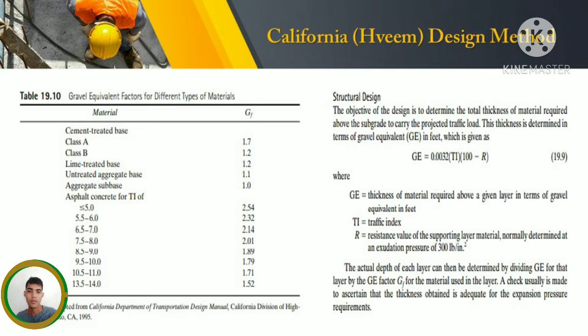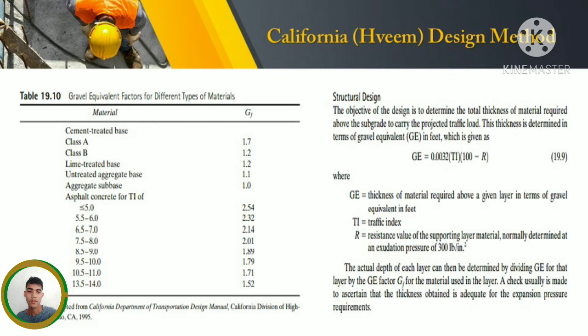GE is the thickness of material required above a given layer in terms of gravel equivalent in feet, TI is the traffic index, and R is the resistance value of the supporting layer material, normally determined at an exudation pressure of 300 pounds per square inch.